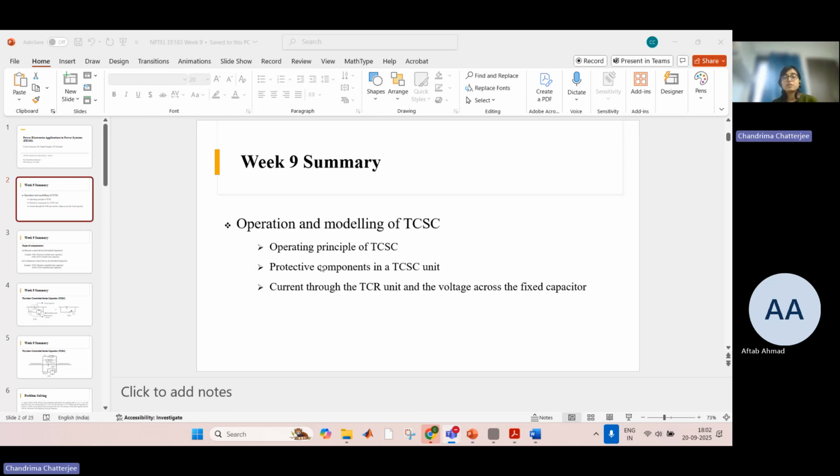So we will briefly discuss the operating principle of TCSC, different protective components which are present in the TCSC unit, and we will solve numerical problems based on the current and voltage expressions of the TCR unit. Those derivations were done in the lecture video. You can see that. And based on those derivations, we shall solve the numerical problems.